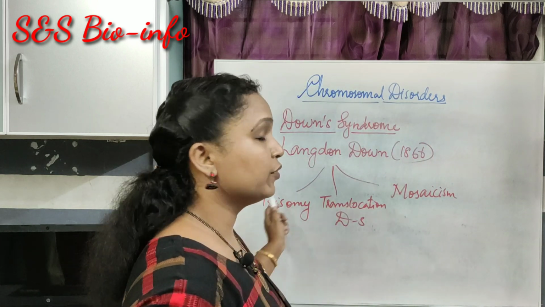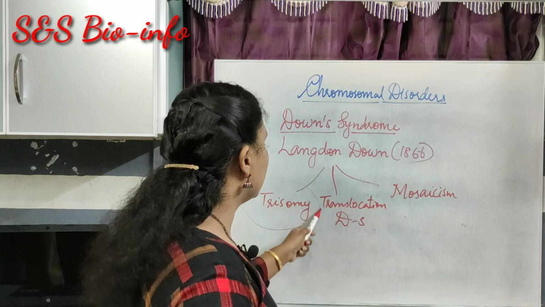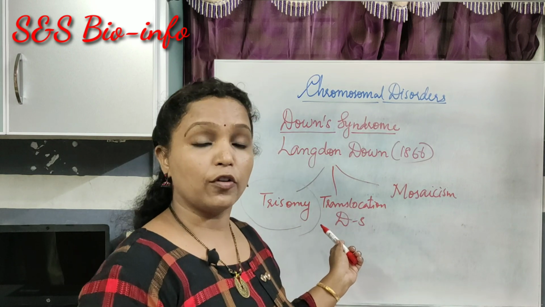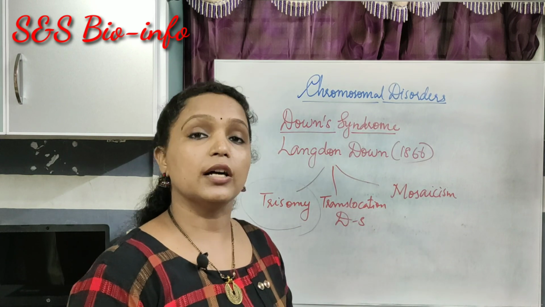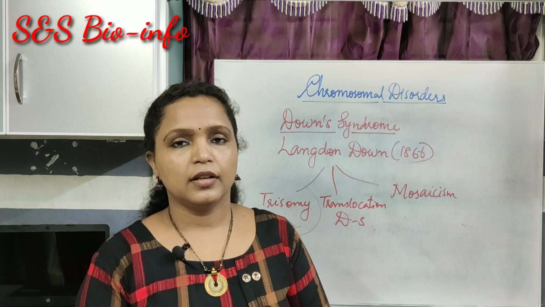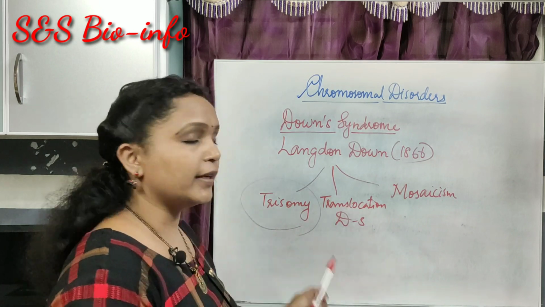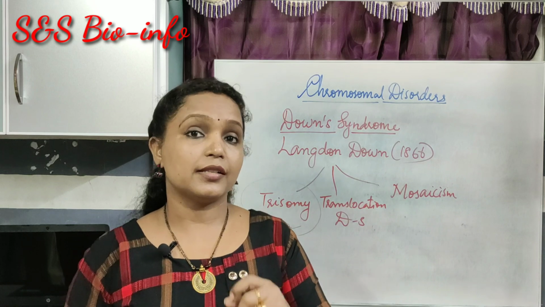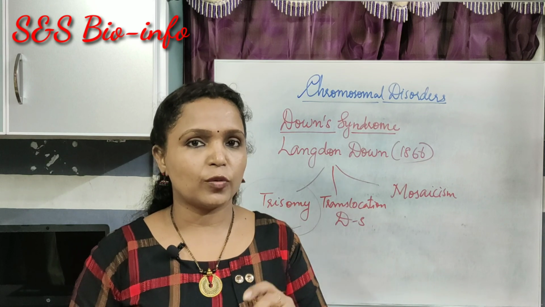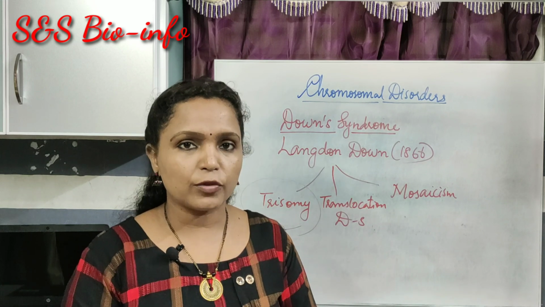Okay, out of this, trisomy is the most common type of Down syndrome that occurs in human beings. Here, first one trisomy. Trisomy is the addition of one chromosome to the normal set of chromosomes.